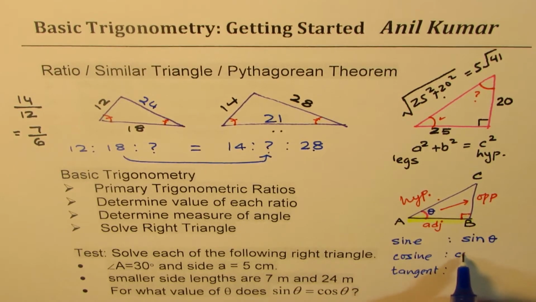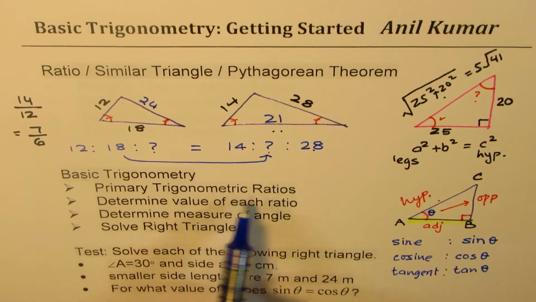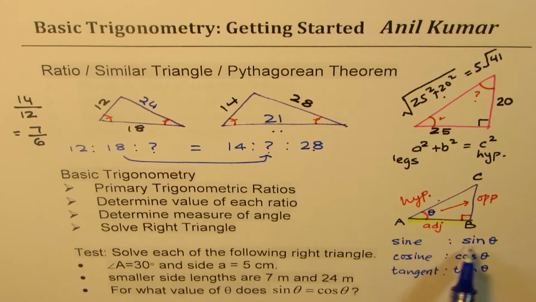For cosine, we'll write cos theta. And for tan, which is a short form of tangent, tan theta. Okay. So these are the three primary trigonometric ratios. When you say primary trigonometric ratios, we always mean sine, cosine and tangent, which could be written as sin theta, cos theta, tan theta in short. Okay. So that is one thing which you should know.